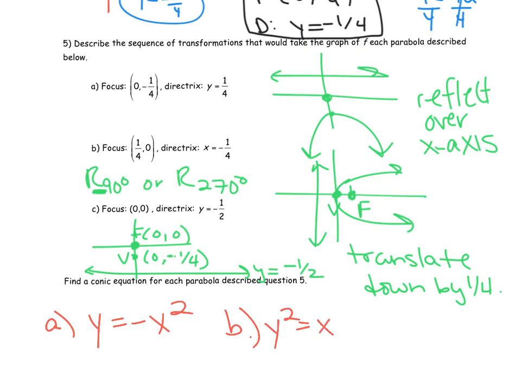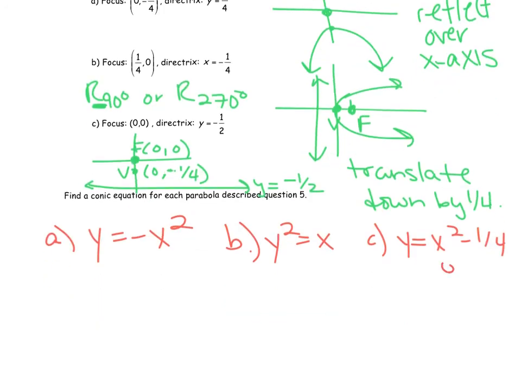So we have y² = x. For letter C, the focus was now at (0, 0) and the directrix was at y = -1/2, meaning this was translated down by 1/4. So we have y = x² - 1/4, or if you'd like to write it as x² = y + 1/4, both of these are equivalent.